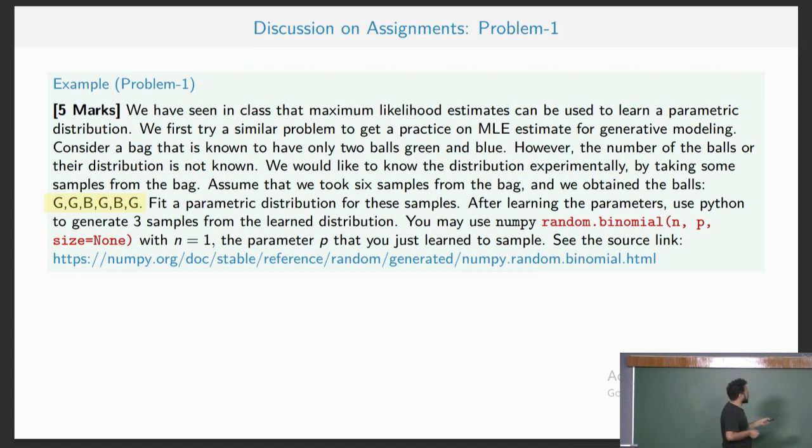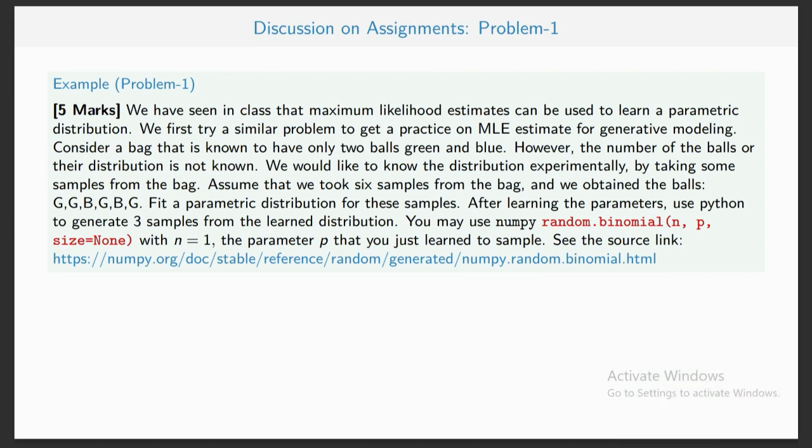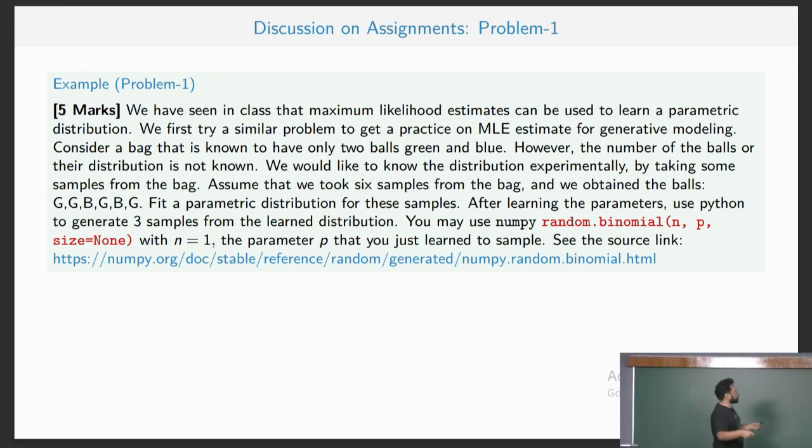You can encode one of them as 1 and the other as 0, just like we did in the previous class. Then you have to fit a parametric distribution. You know very well which type of parametric distribution will be good when you have just 2 outcomes. The only thing you have to do is learn this distribution by hand, because you will solve this optimization problem.